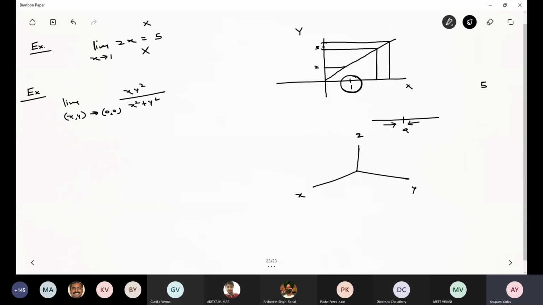Okay, so we have the function z equals xy square upon x square plus y square, and we are looking for the limit at this point 0, 0. Okay, the coordinate of this point is what? 0, 0, 0 in 3D, but if I try to see it in a two-dimensional plane, it is 0, 0.